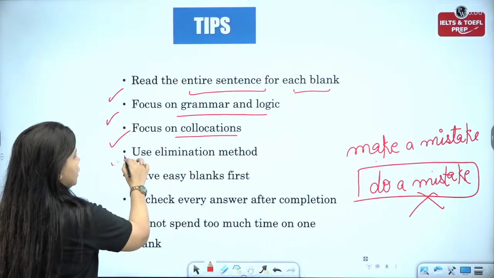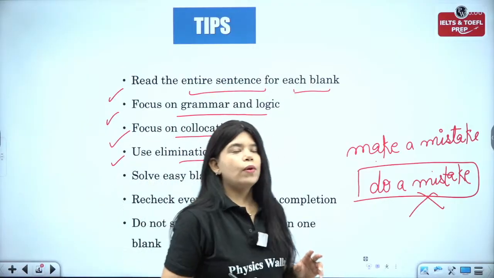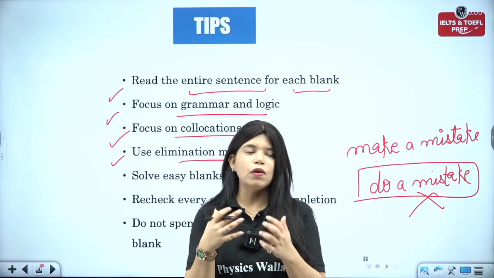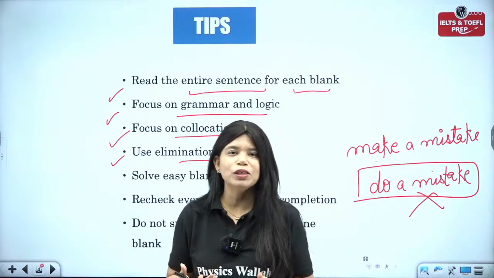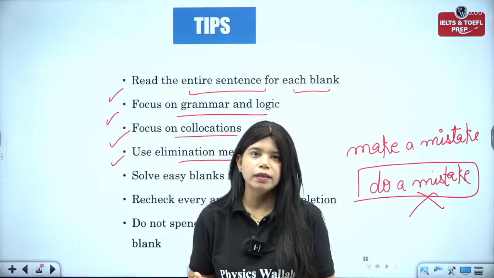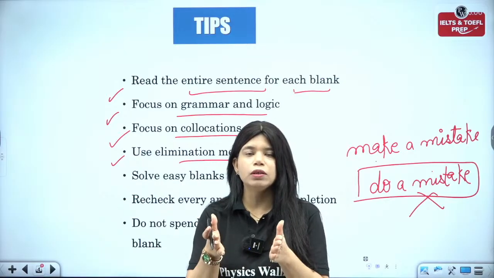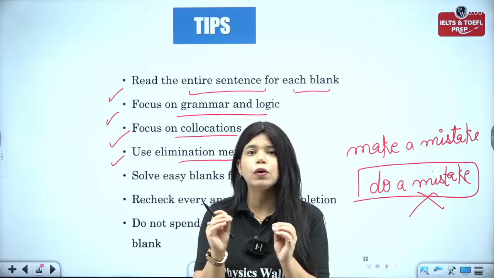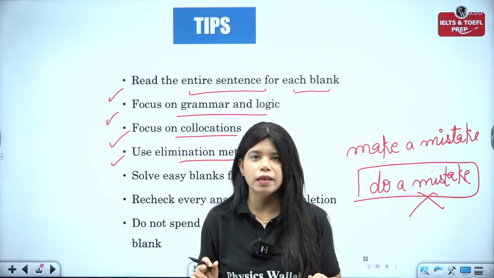Moving on, use the elimination method. So what happens is, if you are given 4 blanks, for 4 blanks they will obviously throw some distractors at you. They'll give you more than 4 options for that. Now, what you need to do is, you need to be very sure. You need to pick the questions which you are sure of, that this answer is going here.